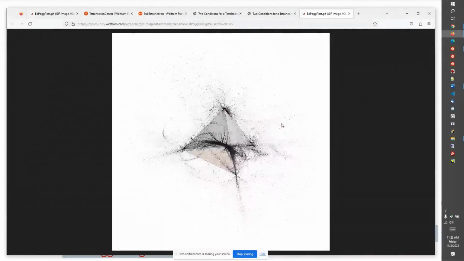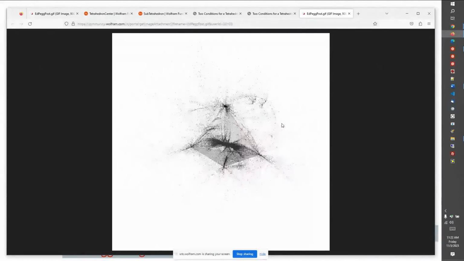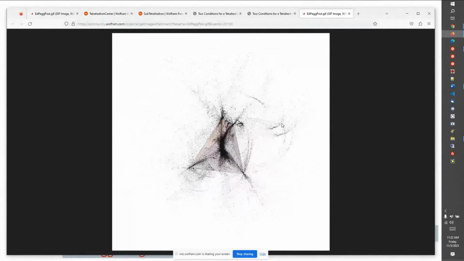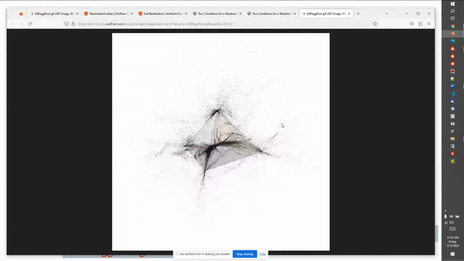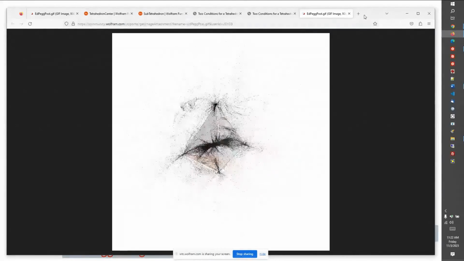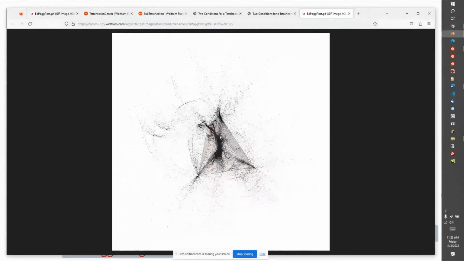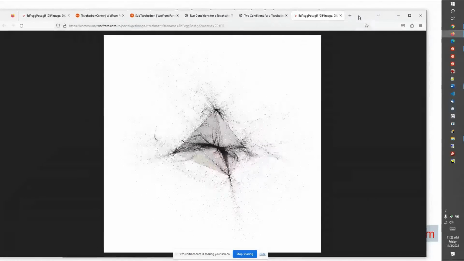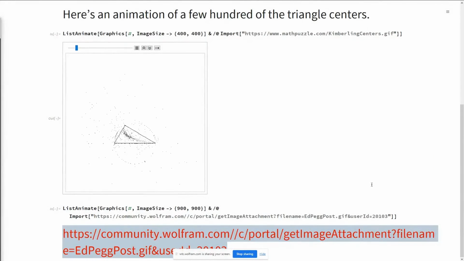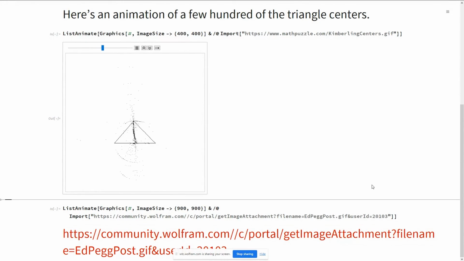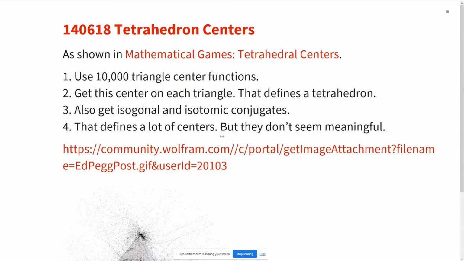This is just one tetrahedron, but you can see that these generated centers are all over the place. And if you look at the community post, you can take a closer look at this particular animation. So the way I did it, as I mentioned in this article, I used 10,000 triangle center functions.